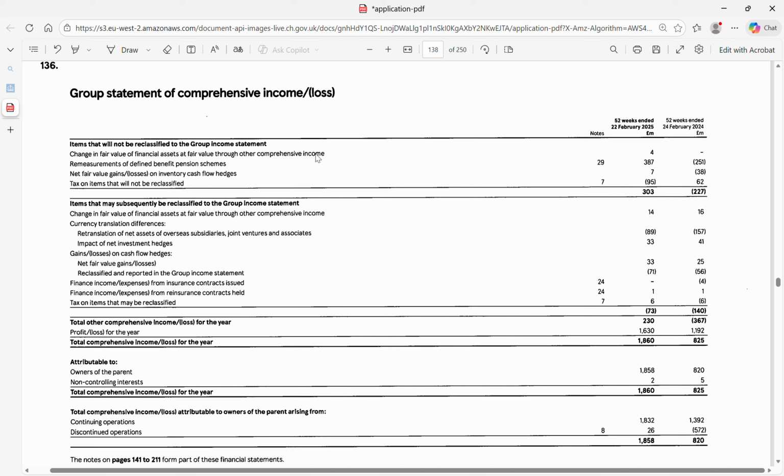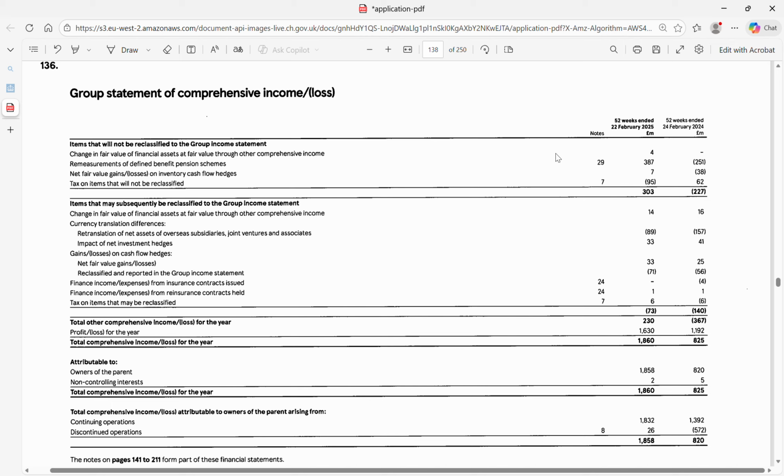What they do is they assess the value of those contracts at the reporting date, 22nd February, and they decide whether or not those contracts have gone up or down in value based on the spot rate of exchange, for example, versus what it was when the contract was entered into.